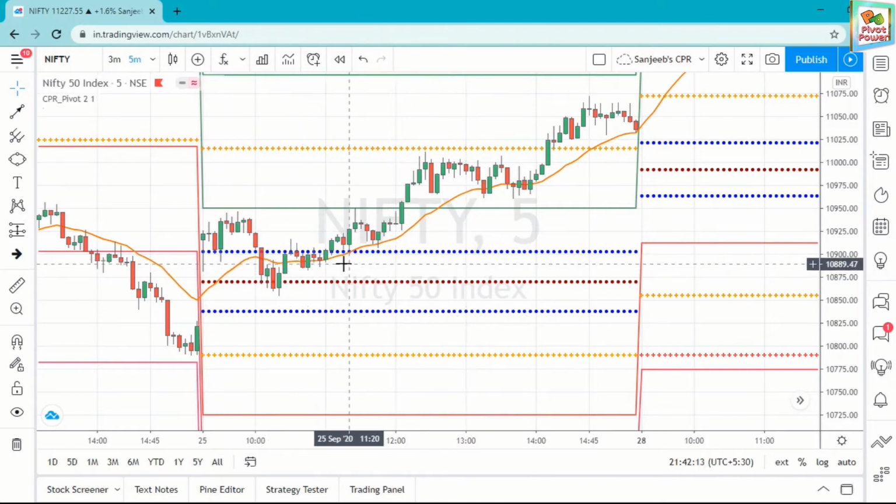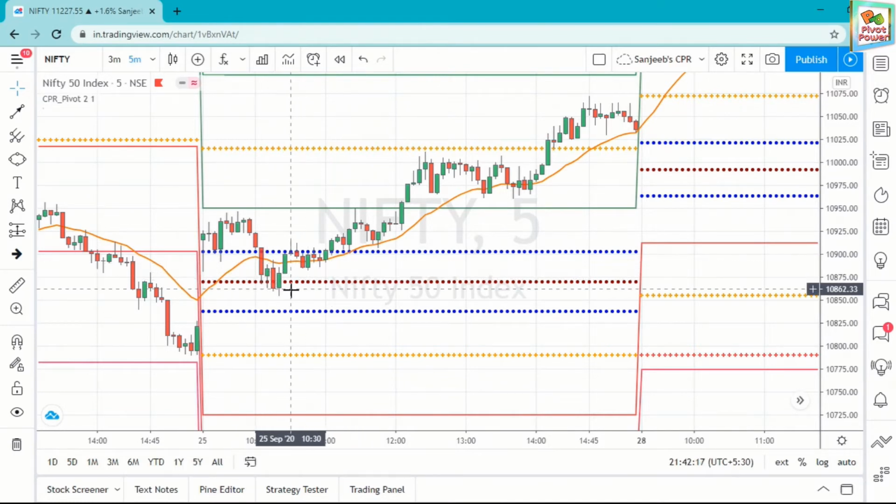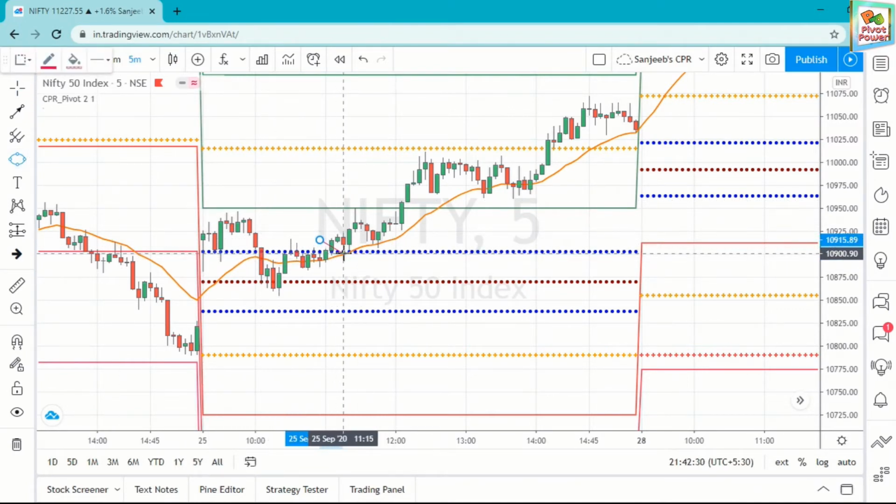We can find the entry point where it breaks the central CPR and top CPR here. Then the entry should be here only, in this candle, because the support is here, the top CPR.